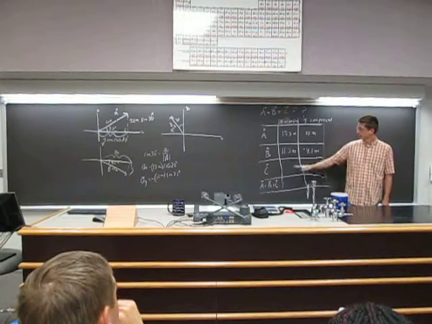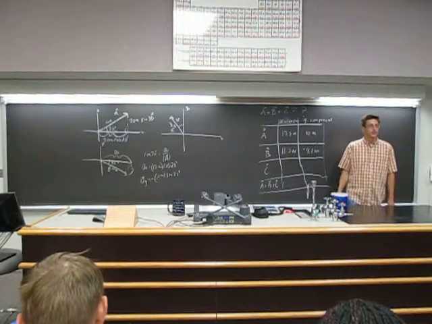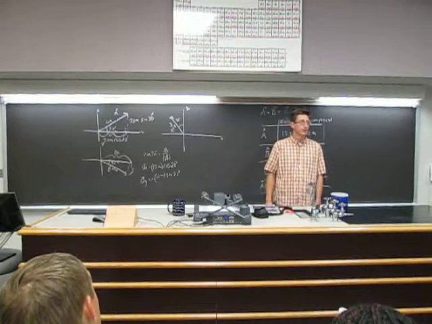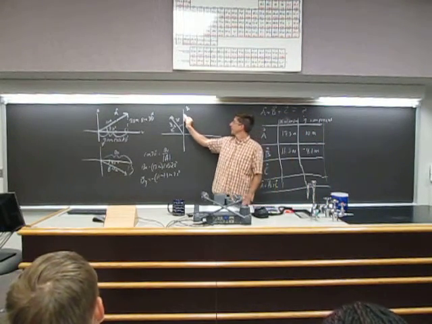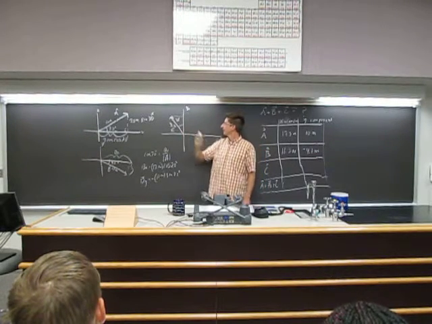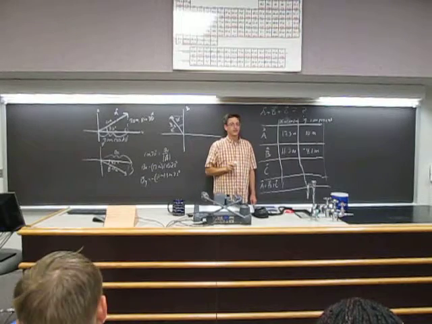Okay, how about C? A little trickier because the angle is not with respect to the x-axis. How far does it go over in the x direction? It goes up this far in the y, this far in the x. Sine of 30 degrees, that's right.